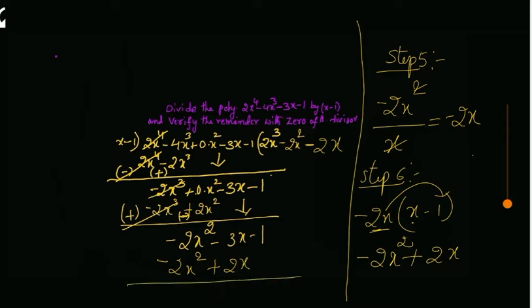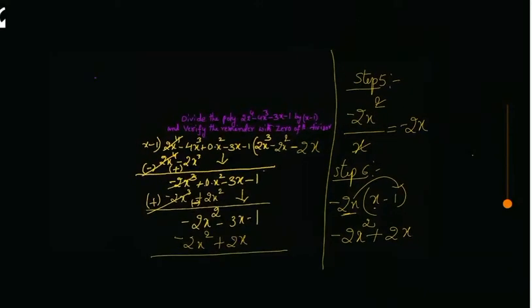Next, same process. We have to subtract this, so we have to change the symbols. This becomes plus and this becomes minus. Then plus 2x square minus 2x square will get cancelled. And here you will get minus 3x and minus 2x.